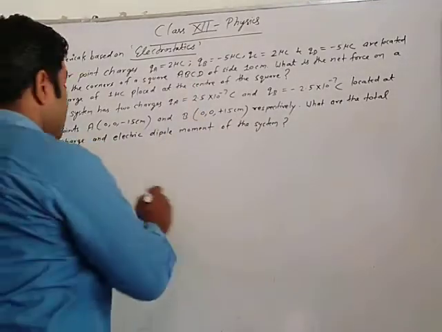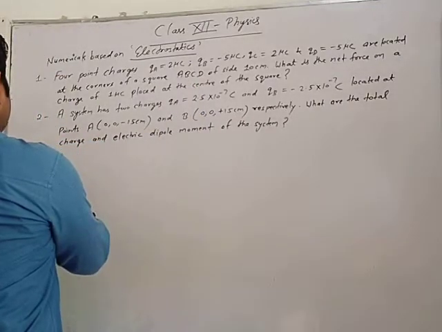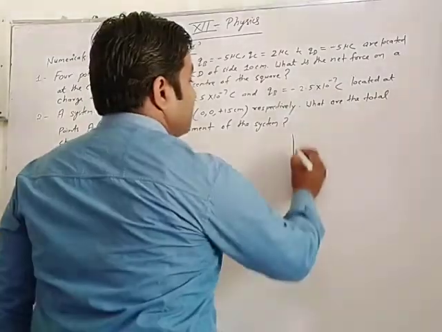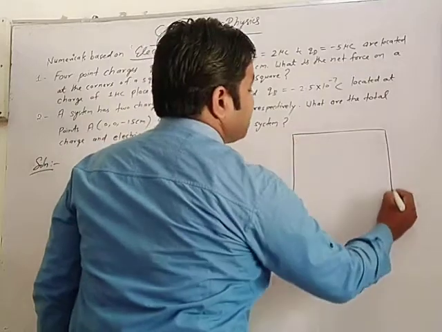So first of all, the solution of this numerical. First we have to make what? Square ABCD.